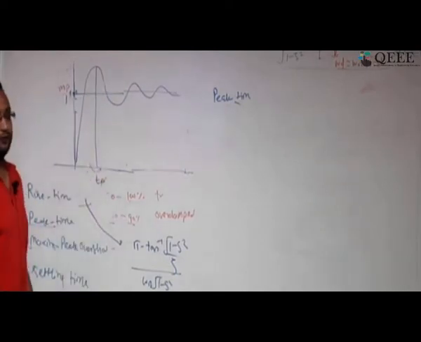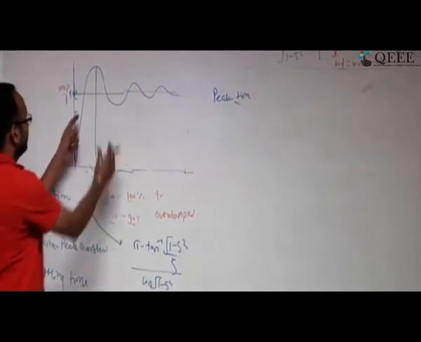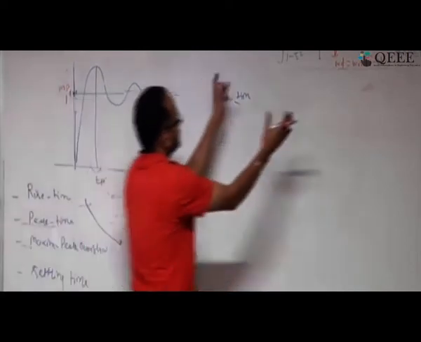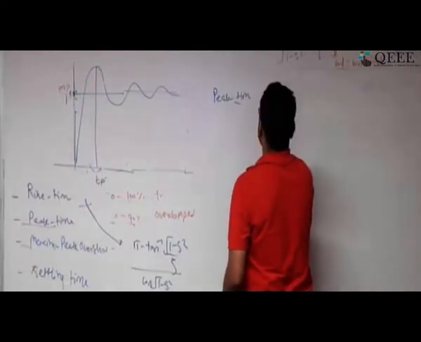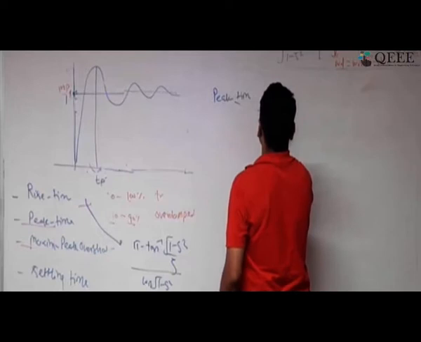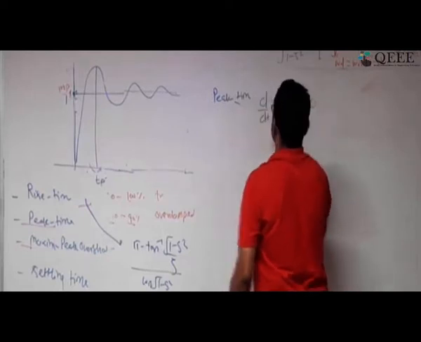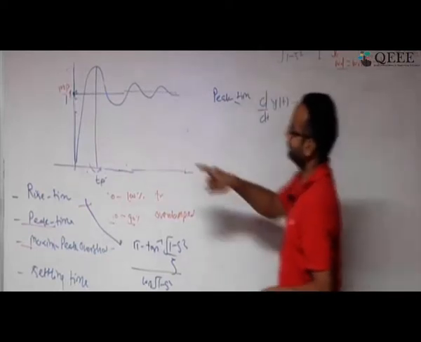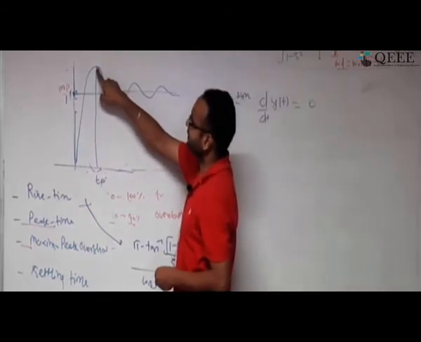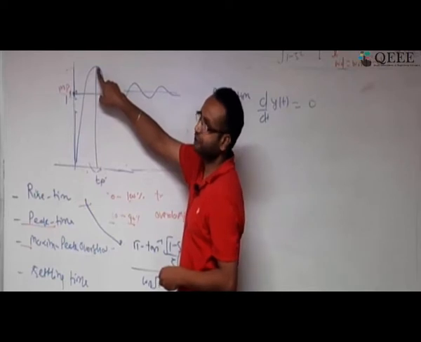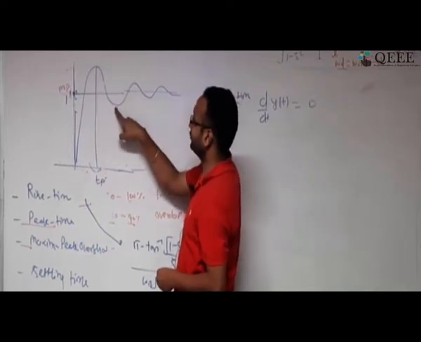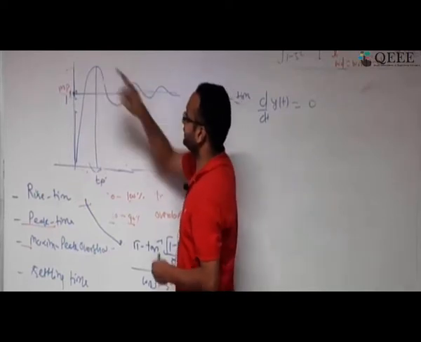From the fundamentals of differential equations, we know when this entire response is going to reach a maxima. So what we do is differentiate, d by dt of y(t) equal to 0. Correct? We want to know at what location it is reaching a maxima. At a maxima, which is a saturation point, the derivative is going to be 0. This point also is going to be 0, this point also 0. But I am interested only in this part.